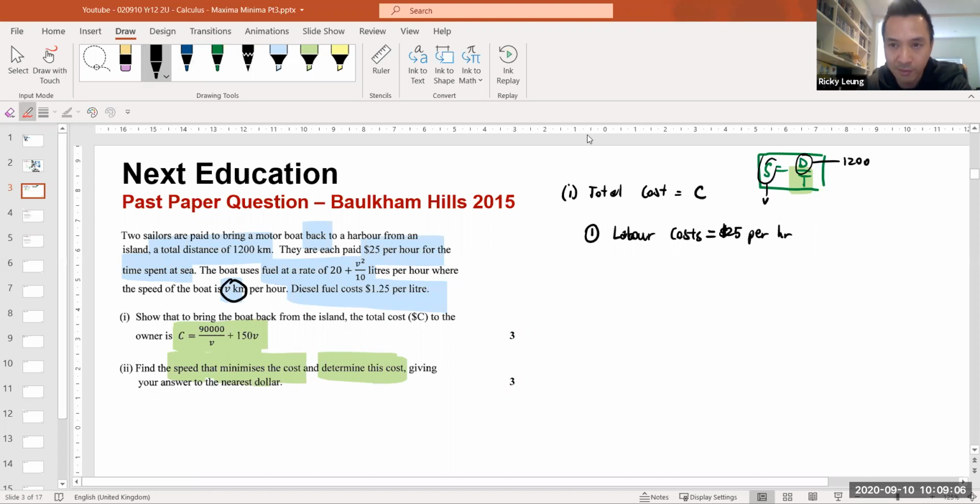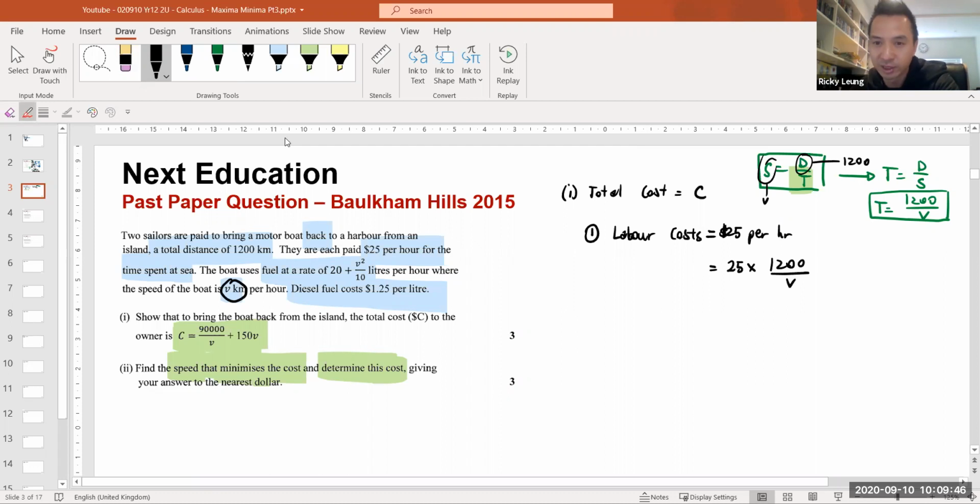So from this relationship, time equals distance over speed, which for our purpose, the total time at sea would be 1,200 over v. That number is crucial because for each hour spent at sea, it's $25 that the owner needs to pay. So the total labor cost equals 25 multiplied by 1,200 over v.